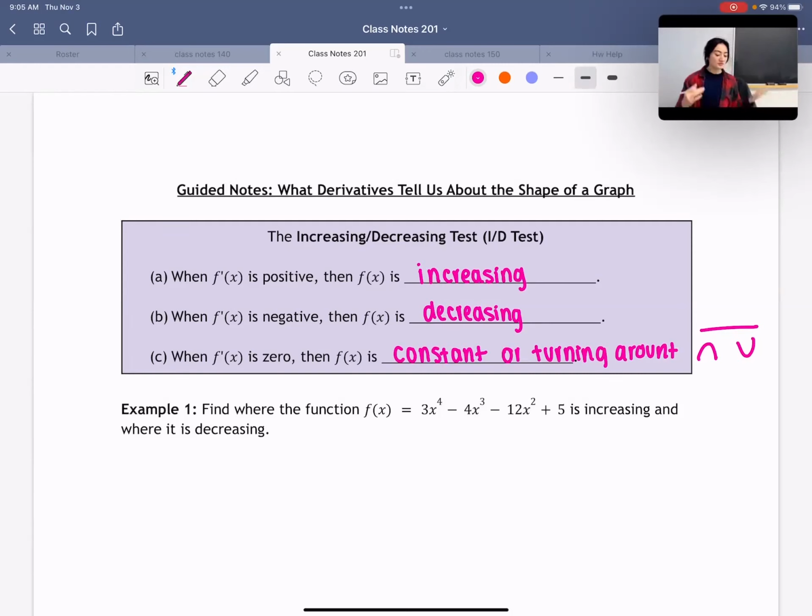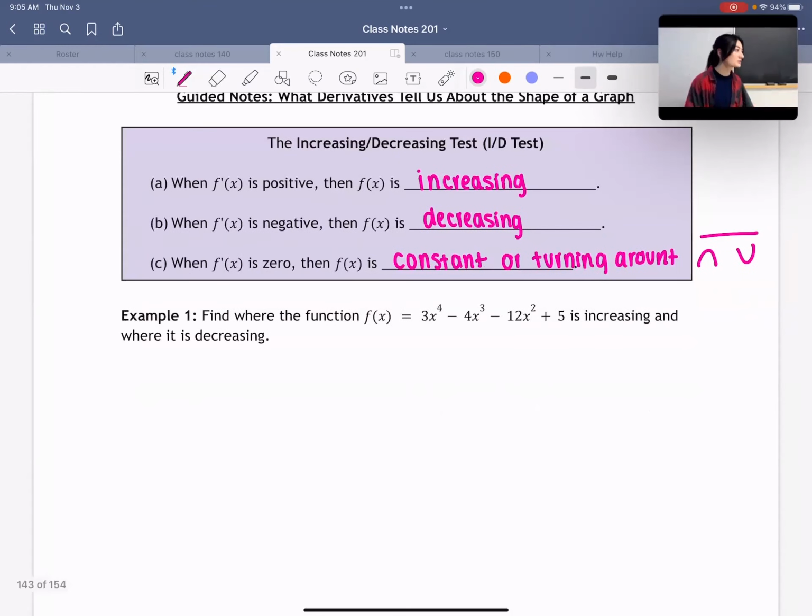Now, the sign of our derivative can only change at a critical number, which is where our derivative doesn't exist or where it's equal to 0. So whenever you're asked to find if a function is increasing or decreasing, you have to find the critical values.